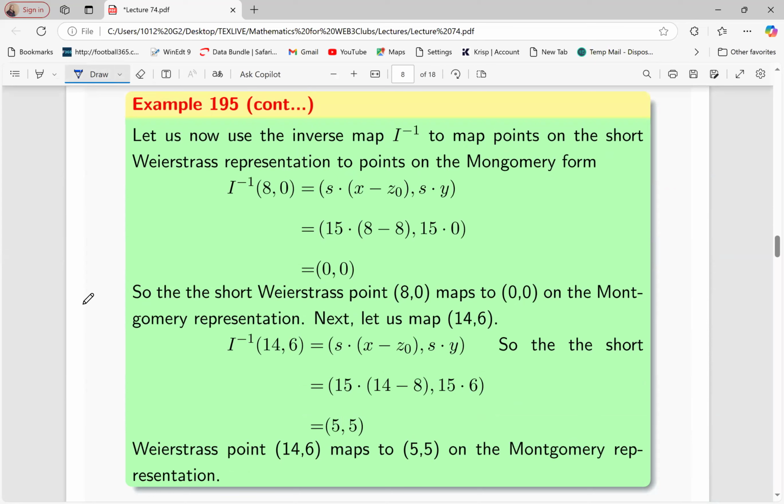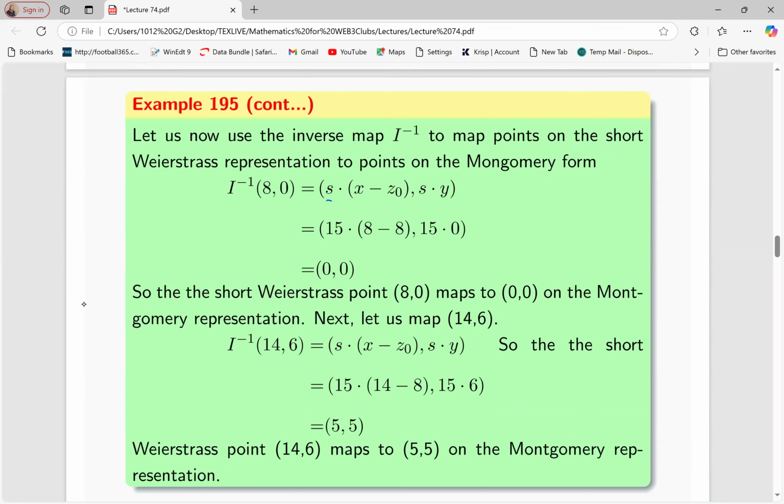That means you have to find S using the formula we explained above. Then you must also find Z0. And then you've been given the point 8, 0.